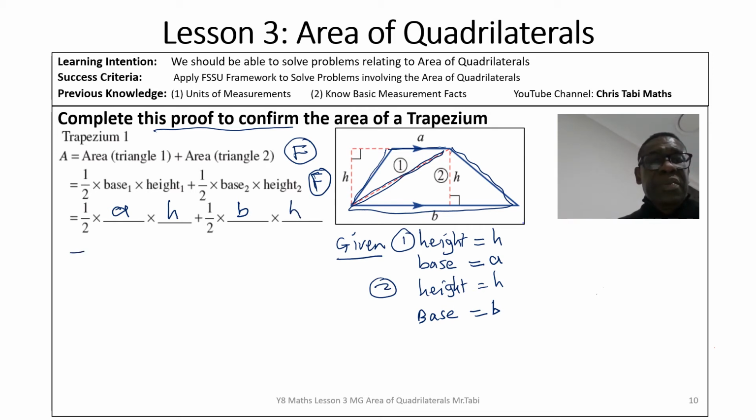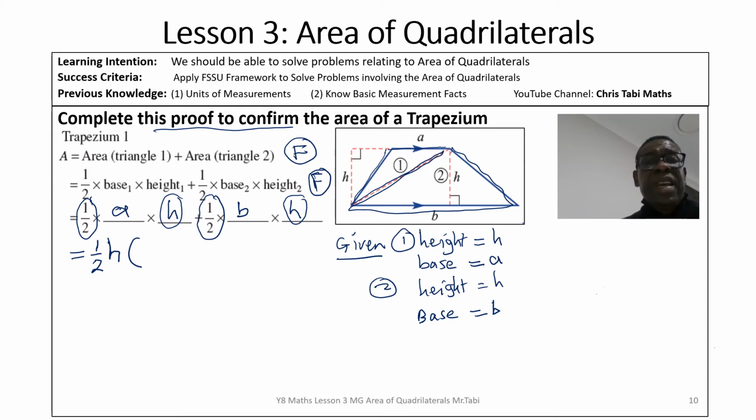So they all have half in common, and they all have h in common. So I can factorize half h out. I'm doing factorization here.